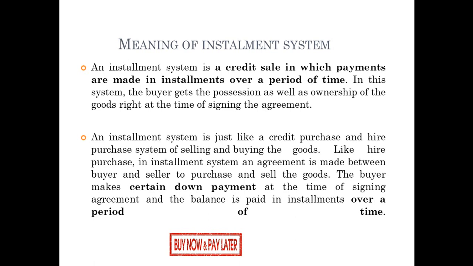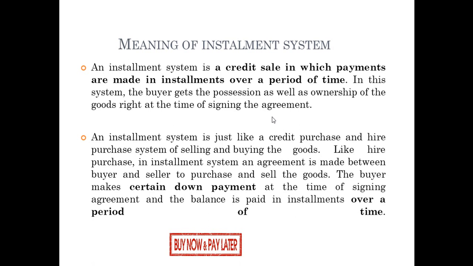Possession comes to the buyer as well as the ownership. This is where we differ from the hire purchase system. Make a note of these two words: possession will be transferred to the buyer as well as the ownership, immediately after signing the agreement. Now you would have got some idea about installment system.